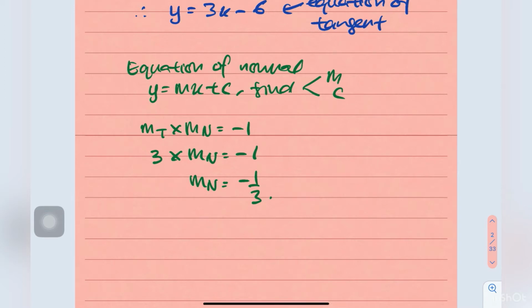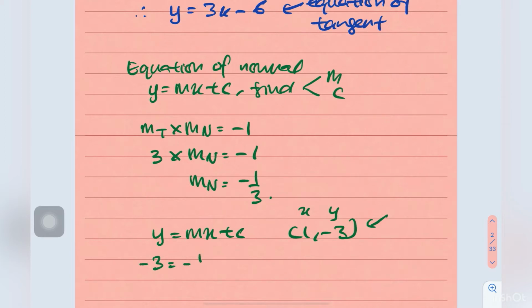So the normal is y equals mx plus c. We substitute the point (1, -3) given from the question. So y is -3, m is -1/3, x is 1.